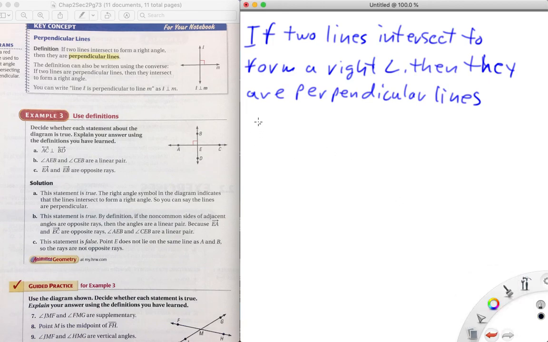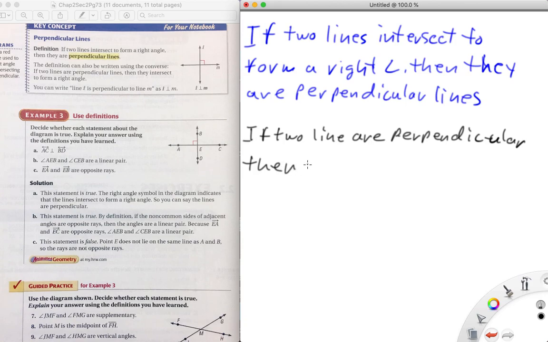So we can also say for perpendicular lines that if two lines are perpendicular, then they form a right angle, or they intersect to form a right angle.